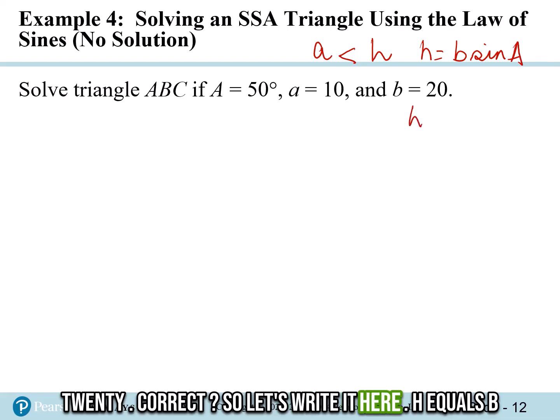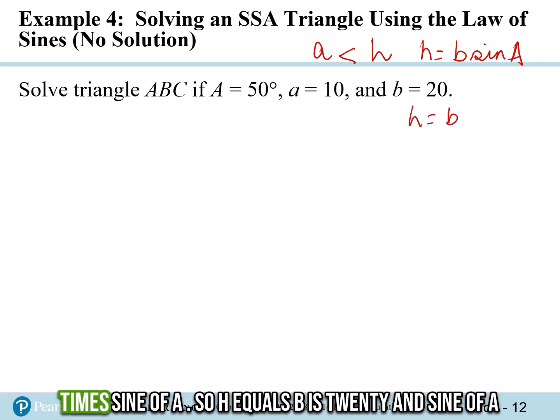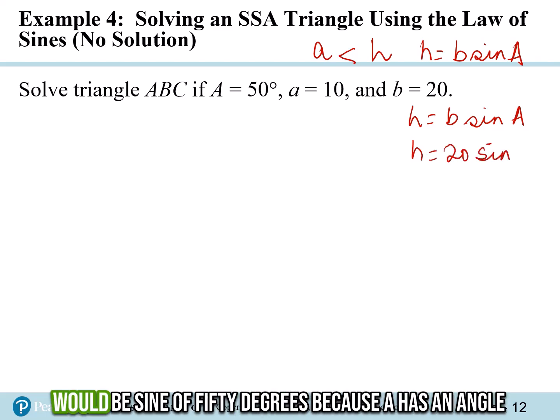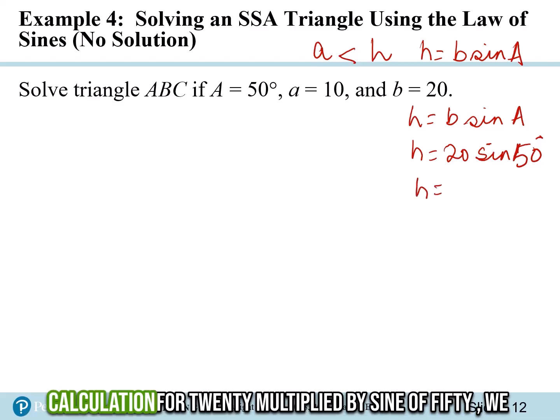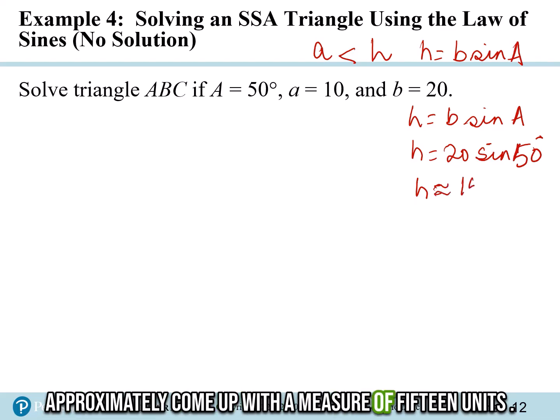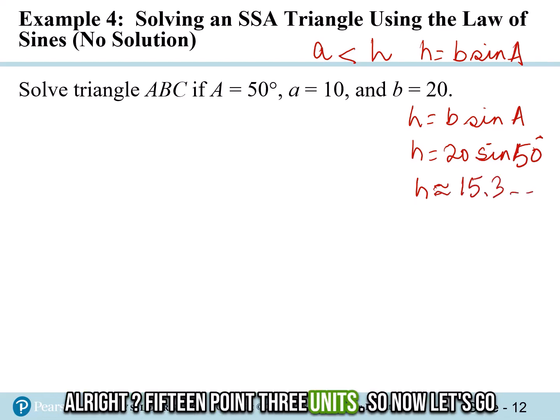So let's write it here. H equals B times sine of A. So H equals 20 times sine of 50 degrees, because A has an angle measure of 50 degrees. And once you do the calculation for 20 multiplied by sine of 50, we approximately come up with a measure of 15.3 units.